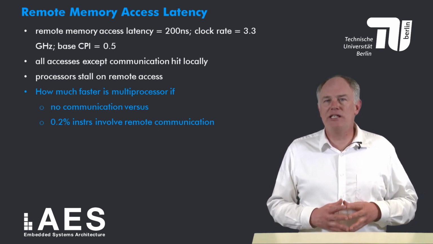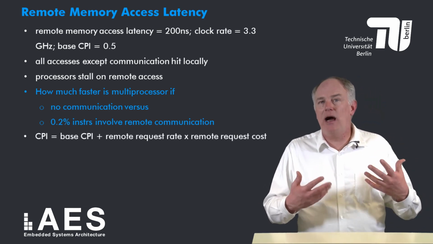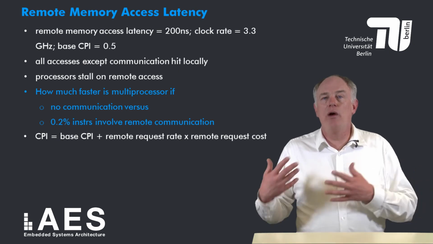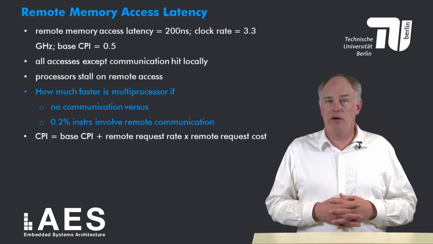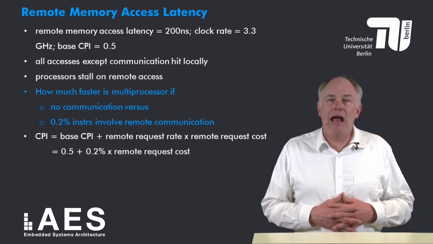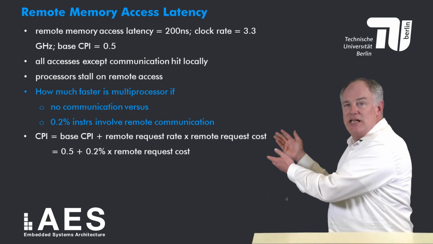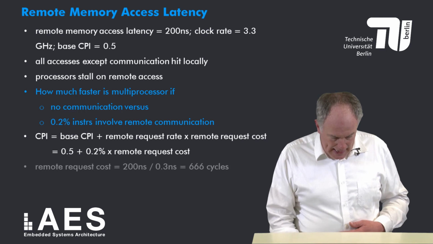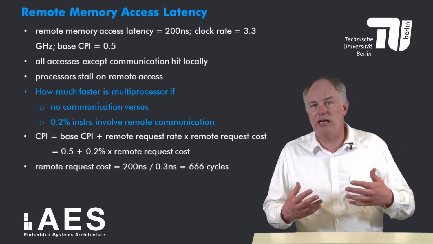We can solve this question using this equation. The actual CPI is given by the base CPI plus the rate of the remote request times the cost of a remote request. The base CPI and the remote request rate are given, so the actual CPI is given by this equation here. And the cost of a remote request is 200 nanoseconds.